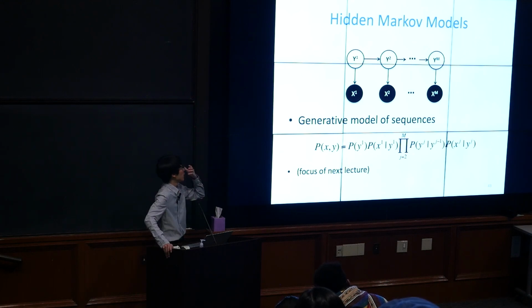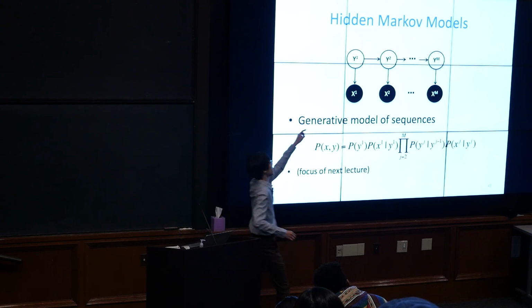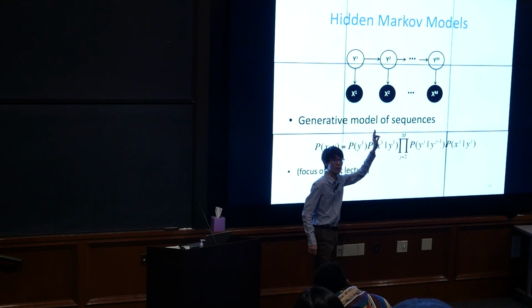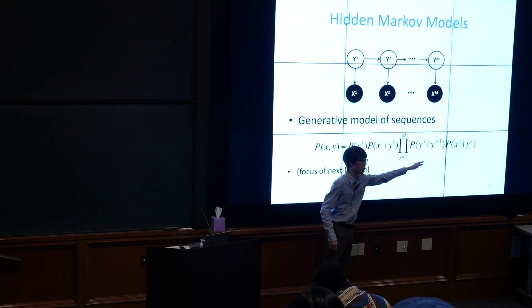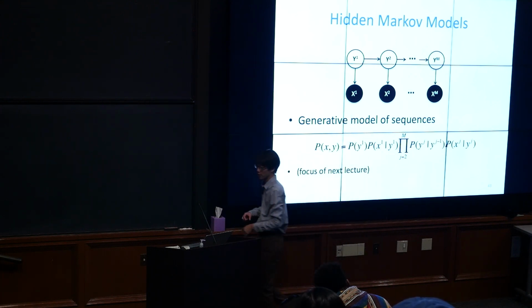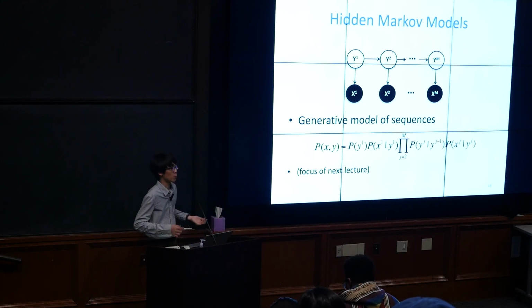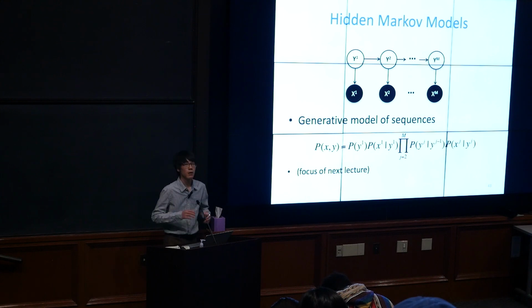So the way we have this problem set up, x1 is conditioned on y1, but y2 is conditioned on y1, and x2 is conditioned on y2, right? So it's designed for problems where you have a sequence of inputs and a sequence that you need to predict. Or again, we shouldn't really think about it that way. Just two sequences that you need to train over, that you need to model.